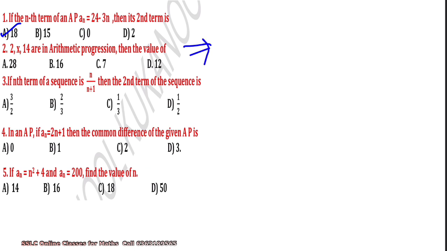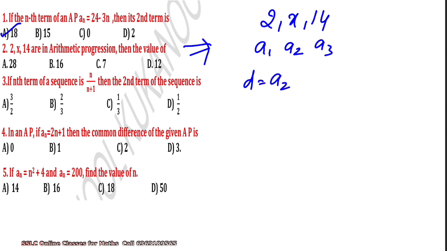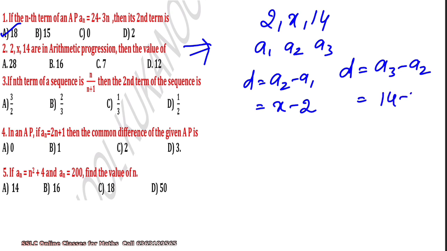See 2, x, 14, A1, A2, A3, common difference A2 minus A1, common difference A3 minus A2. ಇದೇನಾಗುತ್ತೆ? x minus 2 and this will be 14 minus x. So if we equate both, so x minus 2 is equal to 14 minus x, right?